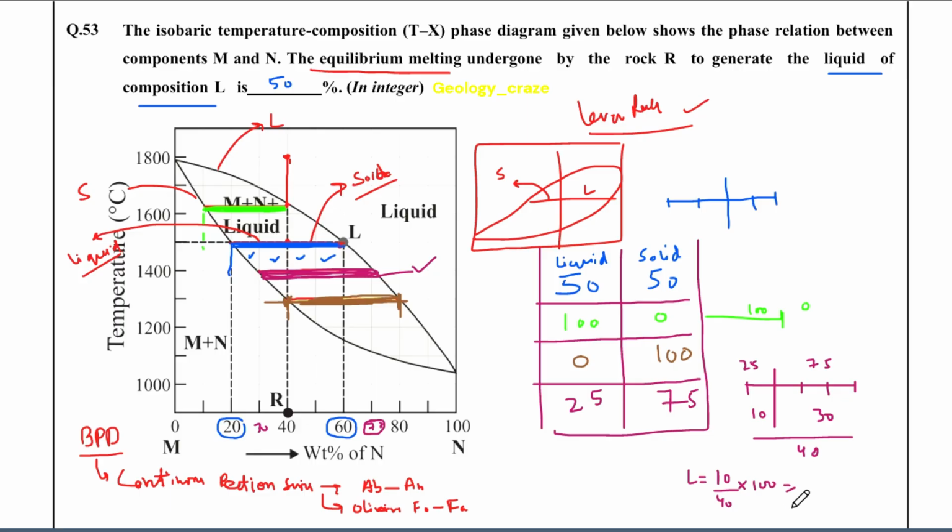So in this way we get 25%. If we want to calculate solid, how much is solid? 30. 30 divided by 40 into 100. So we will get 75.